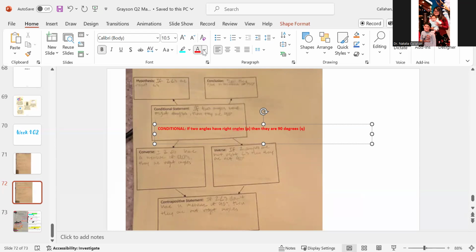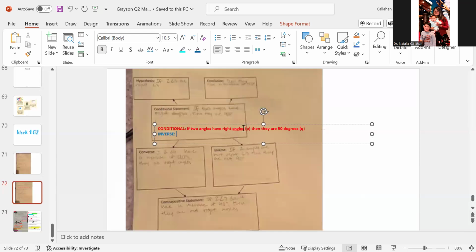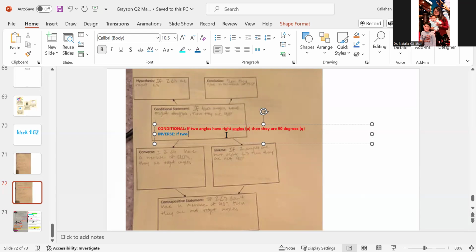So what's your converse for this? If two angles are 90 degrees, then they are right angles.